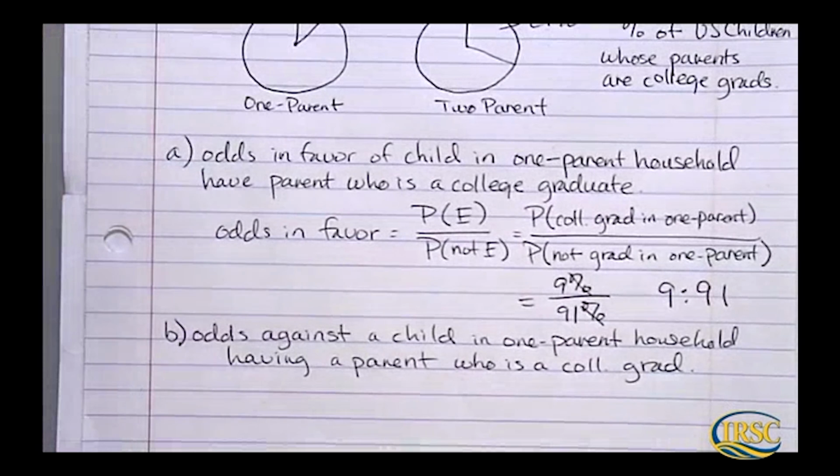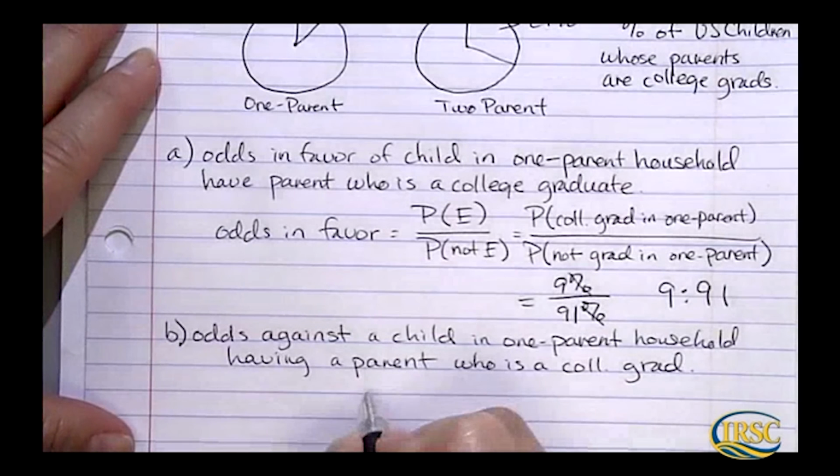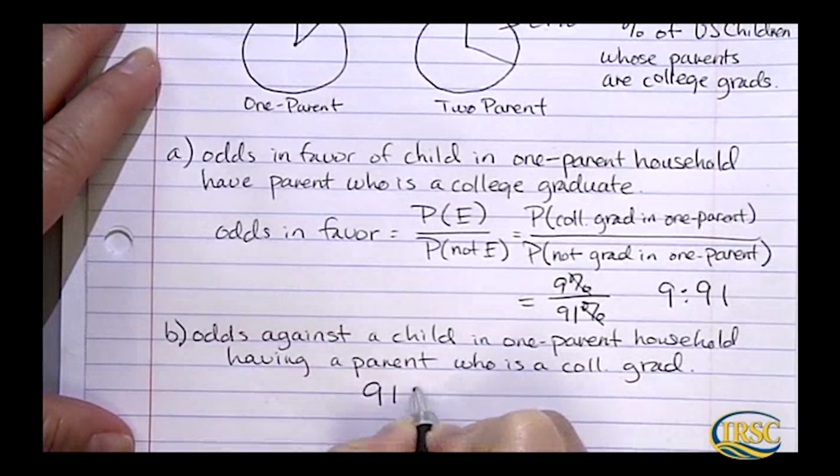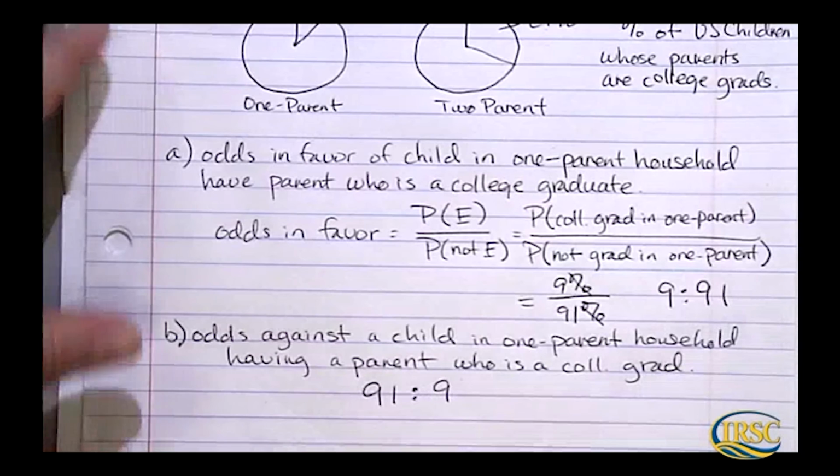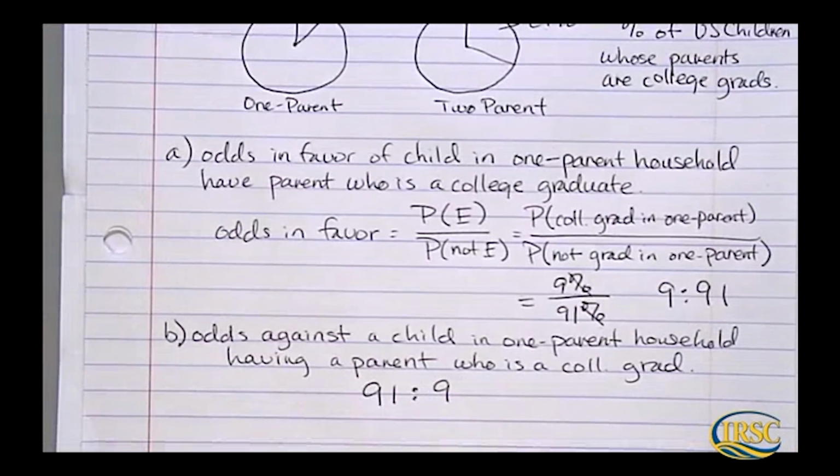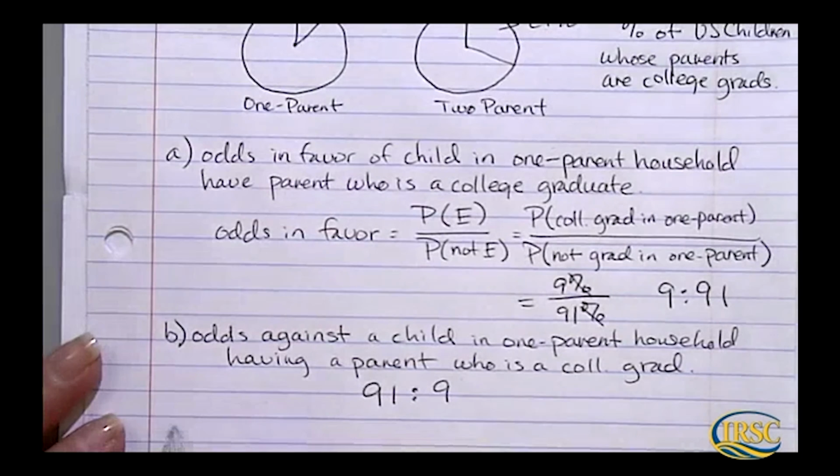Okay, so there's actually no calculations we have to do for this. What is the answer? The reciprocal of that, 91 to 9. Good. So 91 to 9, it's the reciprocal of your answer for the odds in favor. Just flip it over.